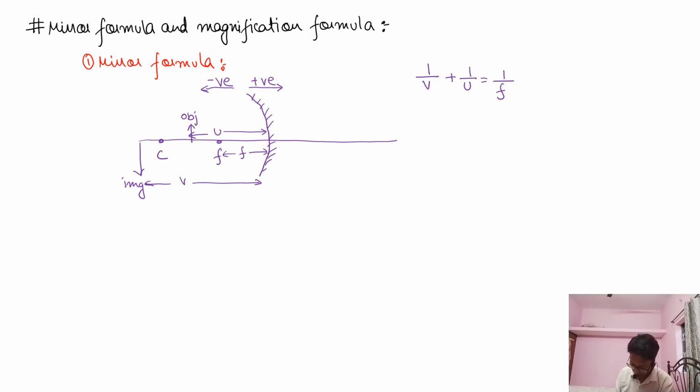You might be confused about where to take a plus and where to take a minus. I'll show you the sign convention as I proceed with the chapters. The next thing we are going to do is the derivation of the mirror formula.